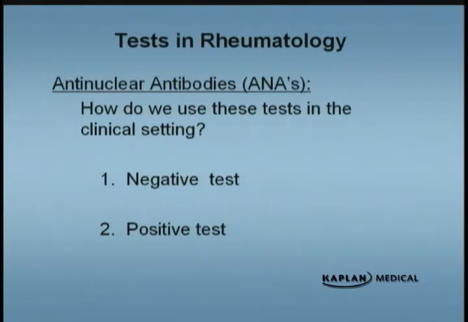So they don't give me any specific antibodies because the test is negative. I don't get any patterns back. They just say it's negative. What does that mean? Well, remember I told you all patients with lupus have anti-nuclear antibodies positive. They may not have some specific antibody positive, but they have some sort of anti-nuclear antibody positive. So right away when I see a negative test in somebody that I think has lupus, I say, this patient has something else.